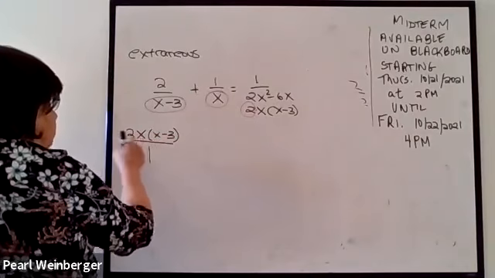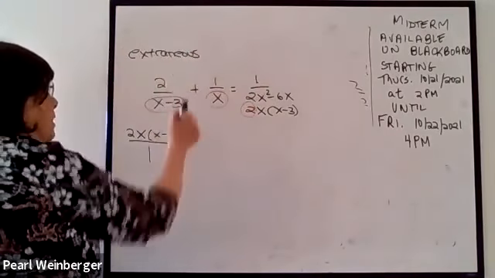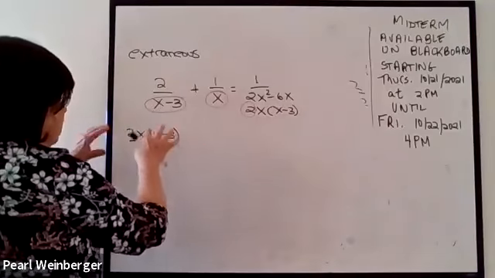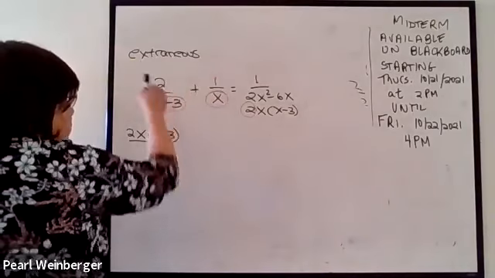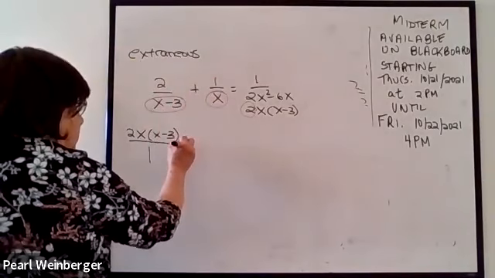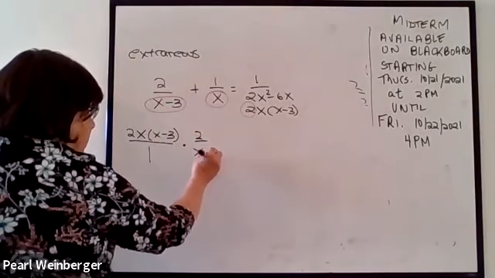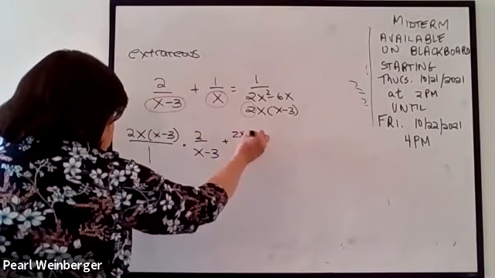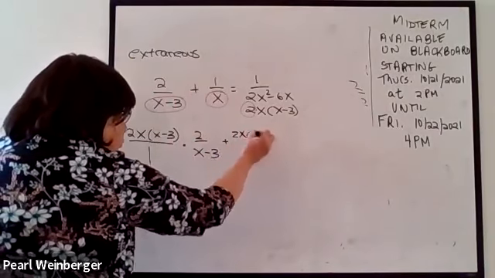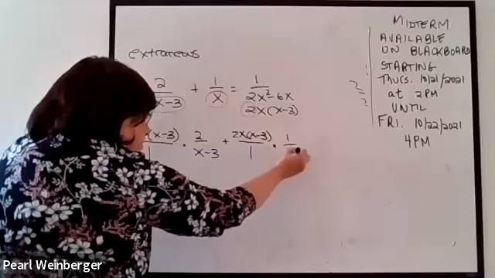Now, I'm going to take this 2x times x minus 3 and multiply it by the whole equation. I'm just going to right away distribute it rather than rewriting this. So I'm going to multiply this by the 2 over x minus 3. I'm then going to do 2x times x minus 3 over 1 times 1 over x.